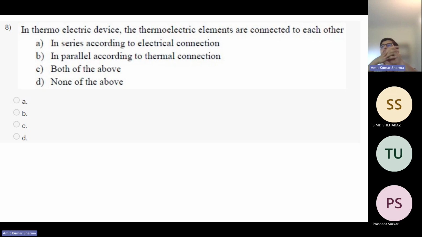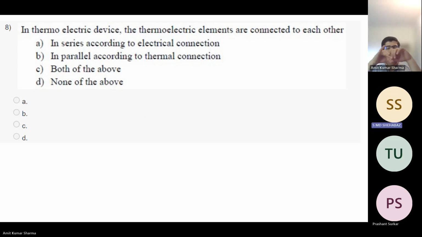You have to think about the class notes. Any idea? The question is about the thermoelectric device. The thermoelectric elements are connected to each other in series according to electrical connection, in parallel according to thermal connection, both of the above, none of the above.